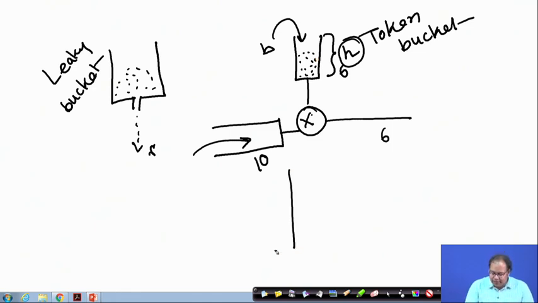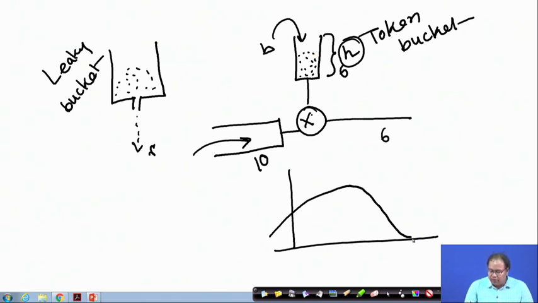Bursty traffic means say you are doing regulation of traffic, and the packets are not there. So, you are observing, and during that time the logical tokens are getting inserted.